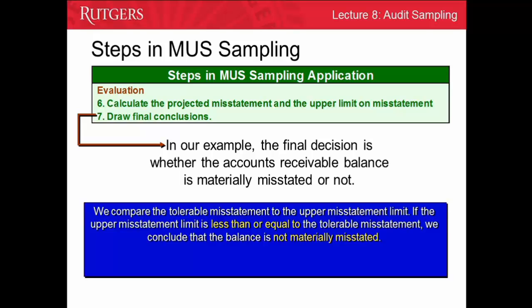In this case, the UML of $150,621 is more than the tolerable misstatement of $125,000. Because the UML exceeds the tolerable misstatement of $125,000, the auditor has evidence that the accounts receivable account is materially misstated.